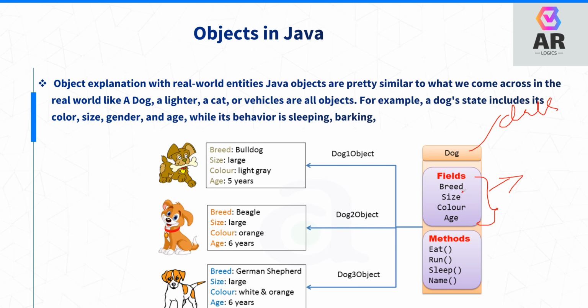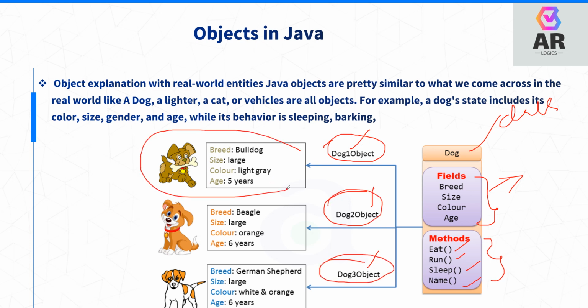And eat, run, sleep, dog name, how dog eats, how to run, how to sleep, these things are all methods. Each one creates one object. Similarly, when you write each one as an object, different output will come, different name, size, age.